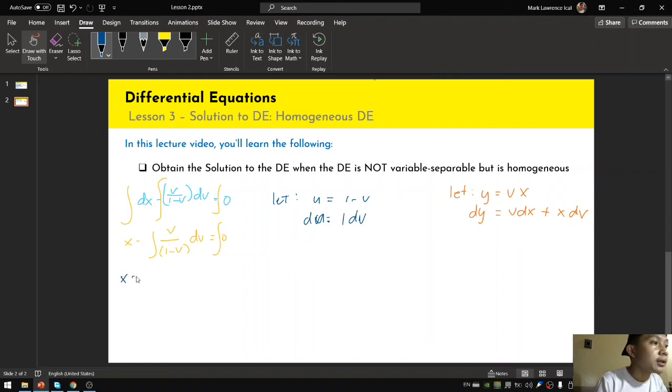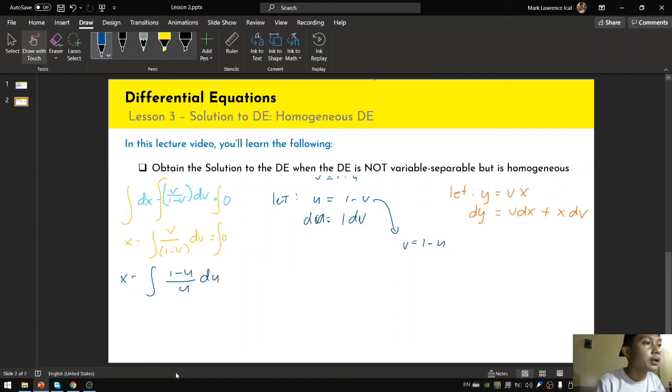So, x minus integral of, okay. So, if you can see here, the value of v, going back here, is going to be 1 minus u. Okay. So, v is equals to 1 minus u. So, we have v is equals to 1 minus u over u du.